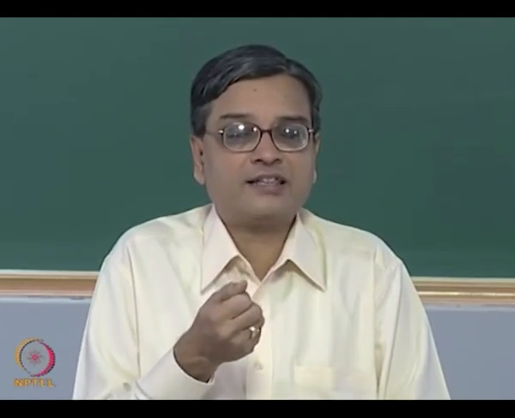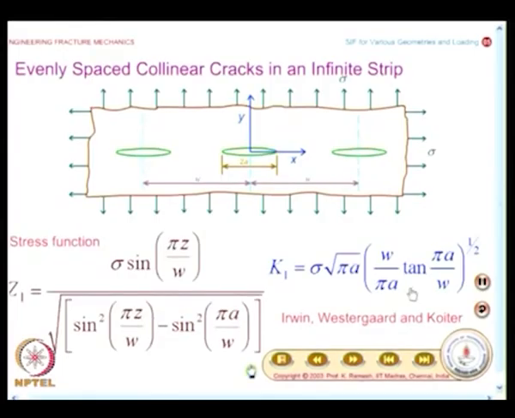It was reported by Westergaard. From the stress function, Irwin extracted the expression for K, and this is known as the tangent formula, because it is in terms of tan pi a divided by W. And in what way this expression was used, that is what we have to look at.